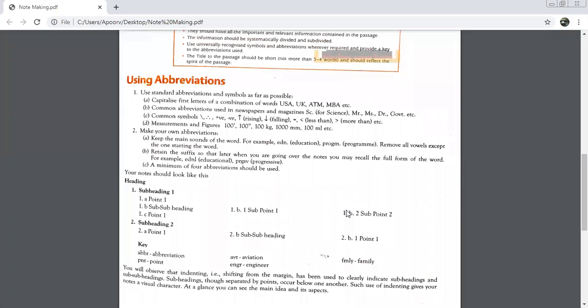How many subheadings in subheading 1? Yes, Peter. Tell me, in subheading 1, you've got 1A, you've got 1B, and what is the next one? 1C. Does 1A have any subheadings next?